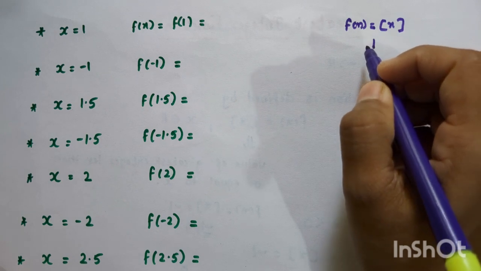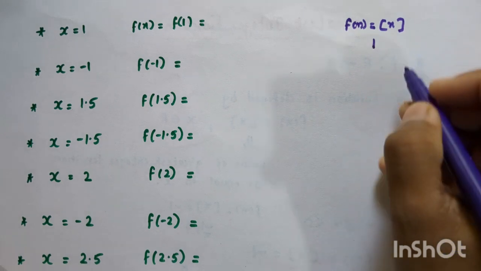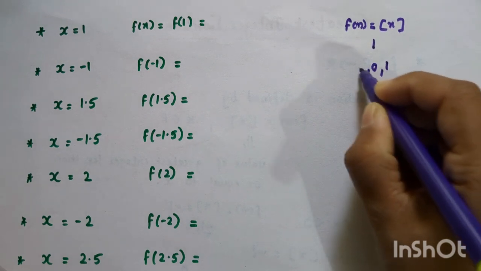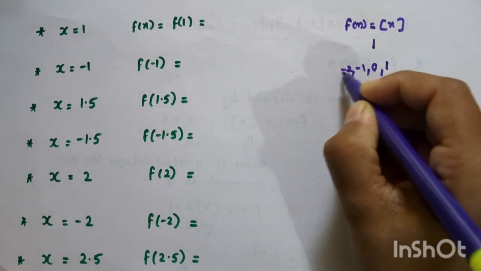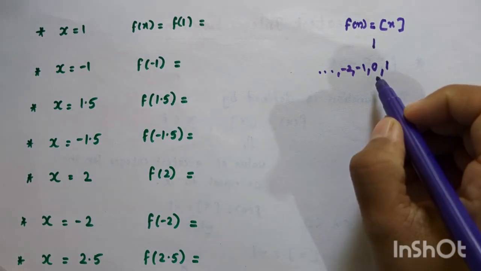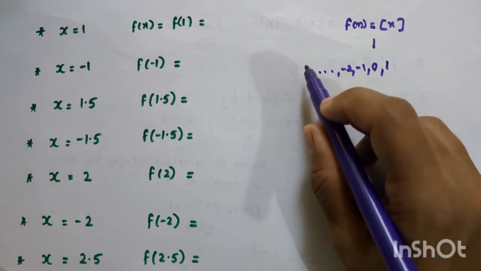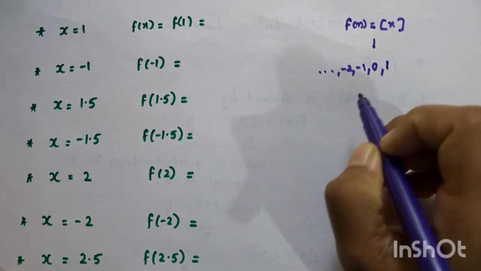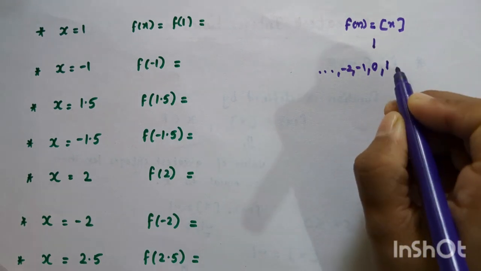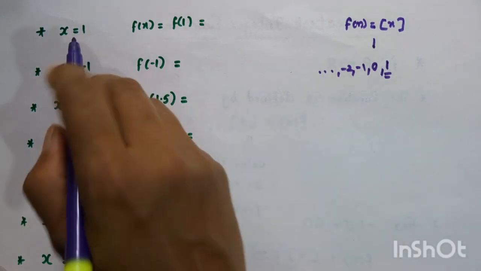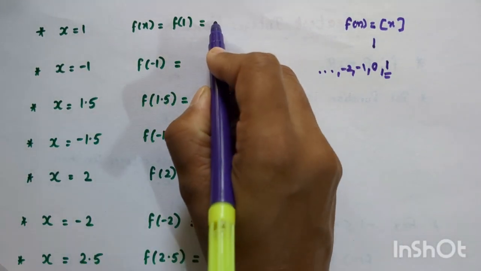Less than or equal to 1 means the possible values are 1, 0, minus 1, minus 2, etc. Among these possible values, which is the greatest integer? That is 1. So for x equal to 1, f of x will be 1.